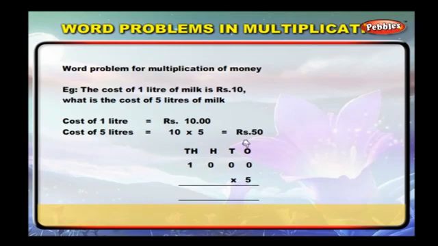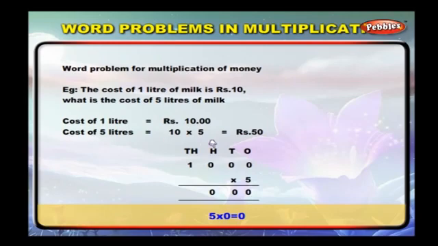Multiply the ones column. 5 into 0 is equal to 0. Write 0 in the ones column. Multiply the tens column. 5 into 0 is equal to 0. Write 0 in the tens column. Multiply the hundreds column. 5 into 0 is equal to 0.